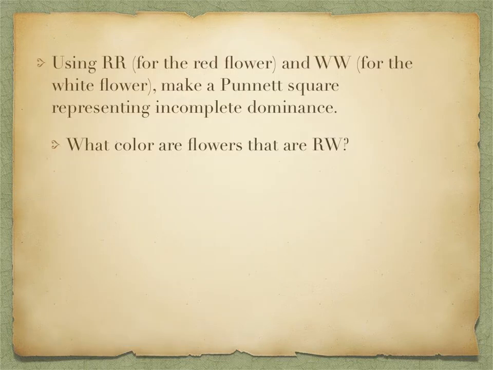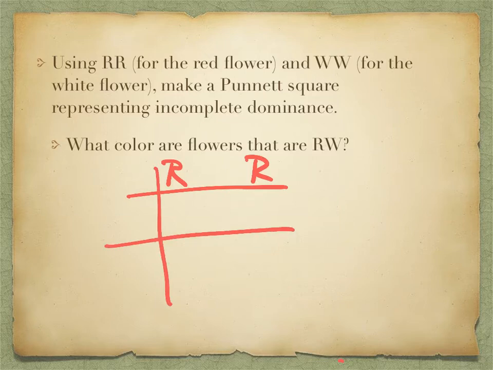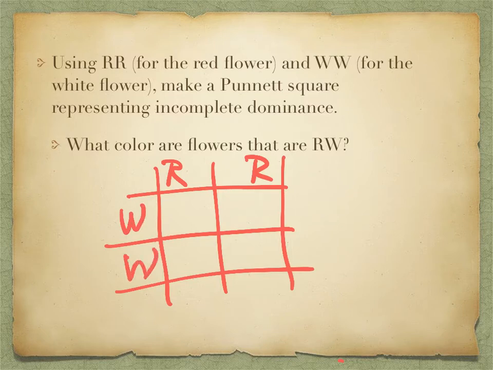So let's do an example here. It says using capital R for the red flower and capital W for the white flower, make a Punnett square representing incomplete dominance. So if we're getting capital R and capital R, those are the gametes that can come from the red flower. And capital W, those coming from the white flower.